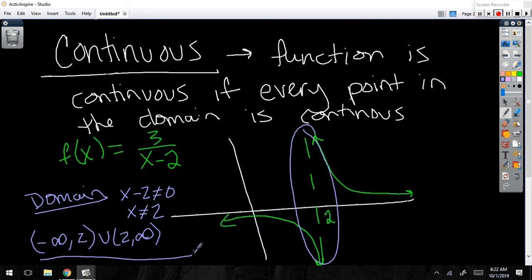Now, if the domain was negative infinity to infinity, this would be a discontinuous function, okay? That's right. But because the domain is negative infinity to 2 to infinity, then it doesn't include that piece, so it is considered continuous, okay? Do you understand how we're kind of redefining this? We're not looking at places that are left out of the domain. Let me show you another one.